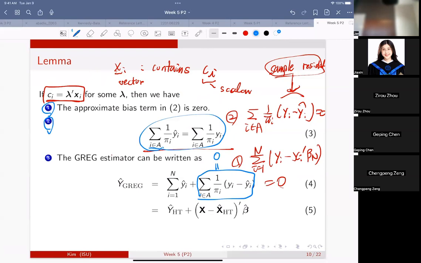But now you can actually add this 0 and respecify to get this. So this moves to here, this moves to here, this moves to here.